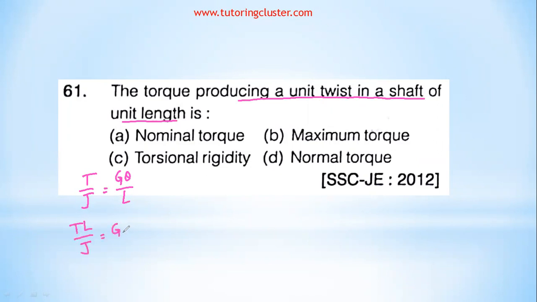It will be G into theta. Now, unit twist, that means theta is equal to 1 unit. Unit length, L is equal to 1 unit. So, if you put that, T, that will be torque, which is equal to GJ. And what is GJ? GJ is nothing but torsional rigidity.